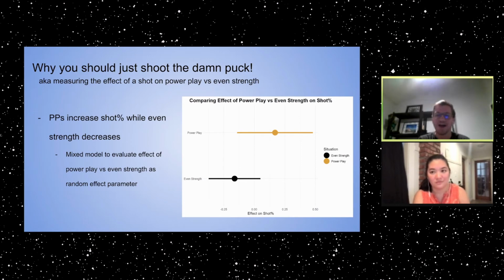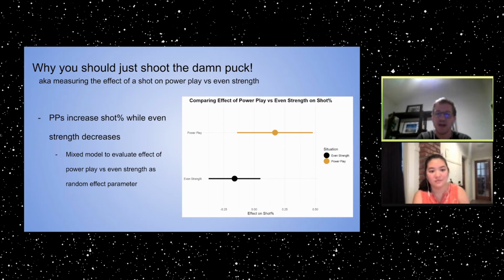This is a method that I and other people have used in hockey and other sports, more to look at player effects, like catcher framing in baseball, or a project I've done looking at pass completion rate using a model like this. So it is a bit of a weird hack to try to quantify this difference.